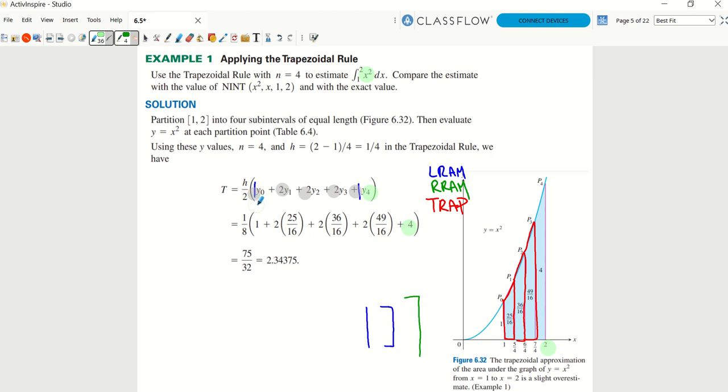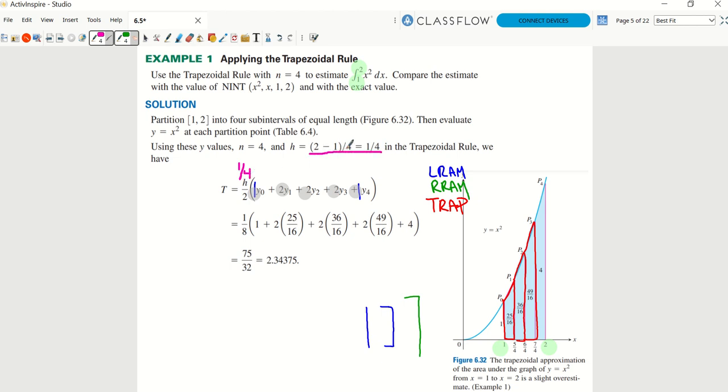h is always going to be the distance between the upper bound and lower bound. In this case, the upper bound and lower bound distance is 2 minus 1, which is 1, divided by the number of partitions, which is 1 over 4. So h is going to be 1 over 4, and that's shown over here.